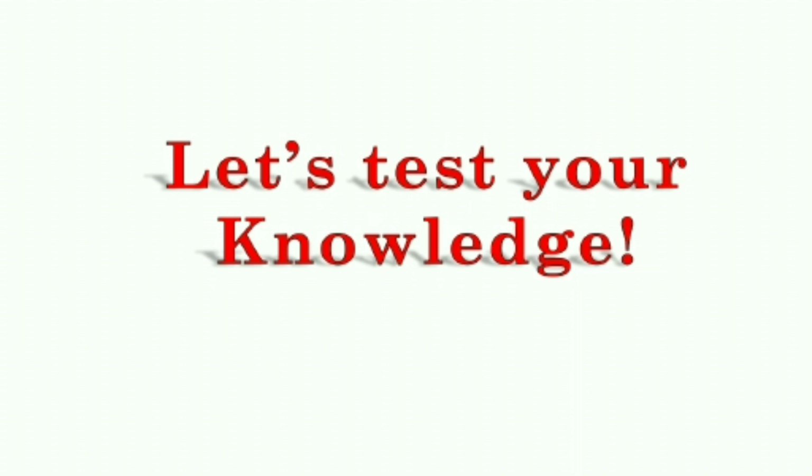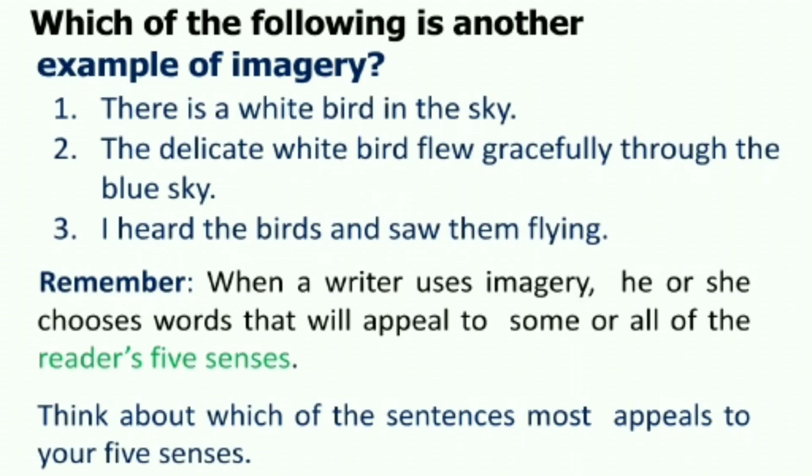Now let's test your knowledge. Which of the following is another example of imagery? Let's take three sentences which are: there is a white bird in the sky. The delicate white bird flew gracefully through the blue sky. I heard the birds and saw them flying.